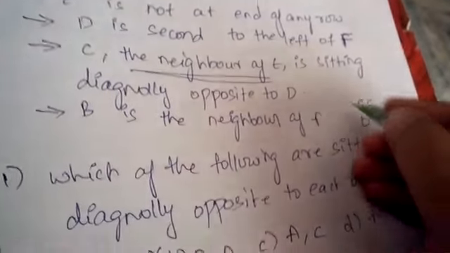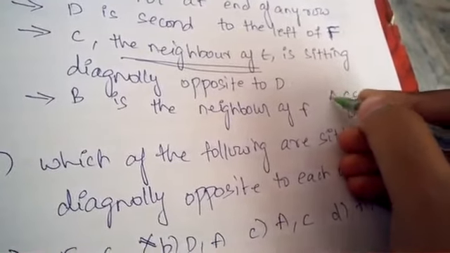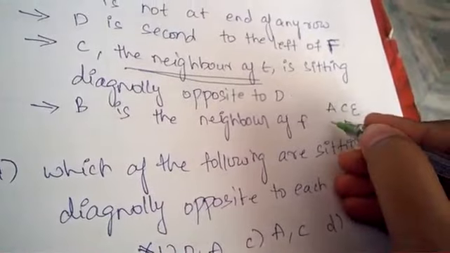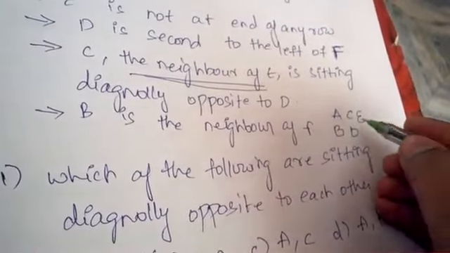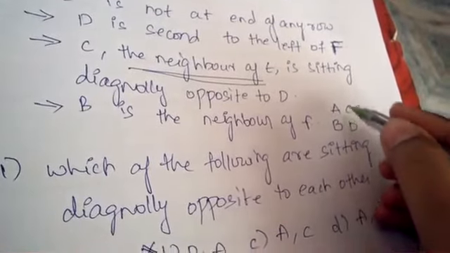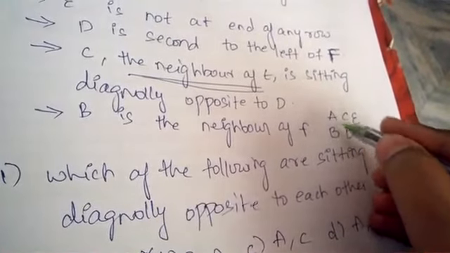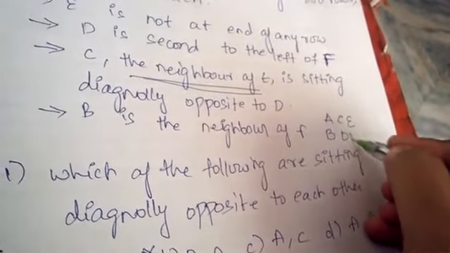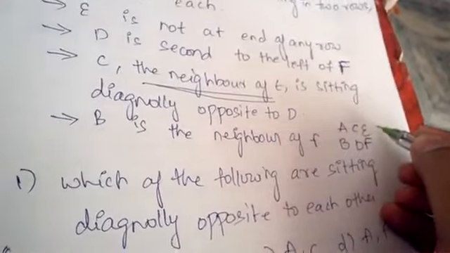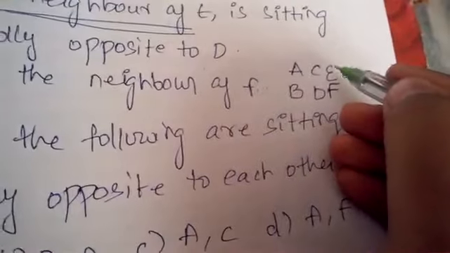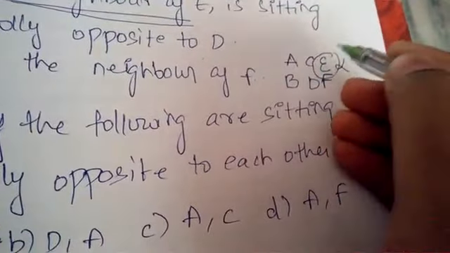If this is A, this is B, and the leftover option is F. This is wrong because here we got E at the end of the row.